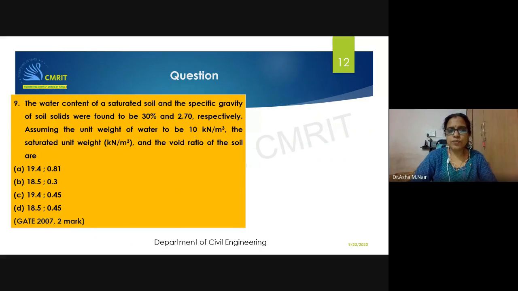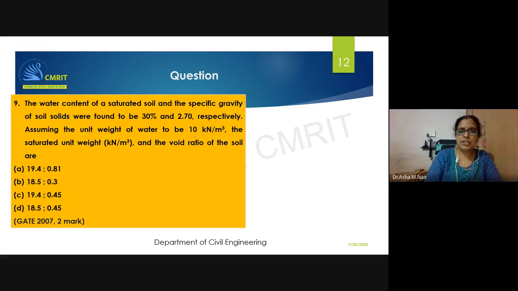This is again on similar topics, again a 2-marker question. The water content of a saturated soil and the specific gravity of soil solids were found to be 30% and 2.7 respectively.